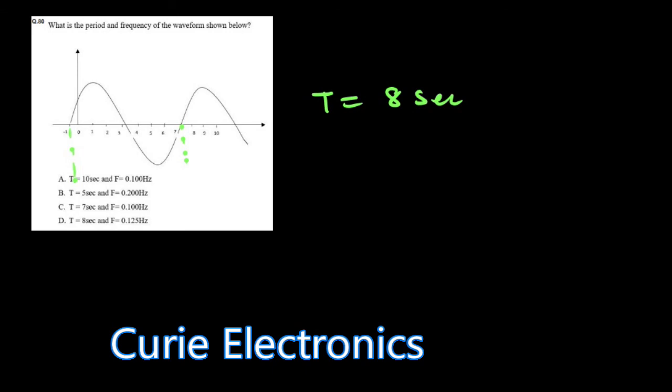Once you get the period, what is the frequency? F equal to 1/T. What is 1/8? You'll get 0.125 Hertz.